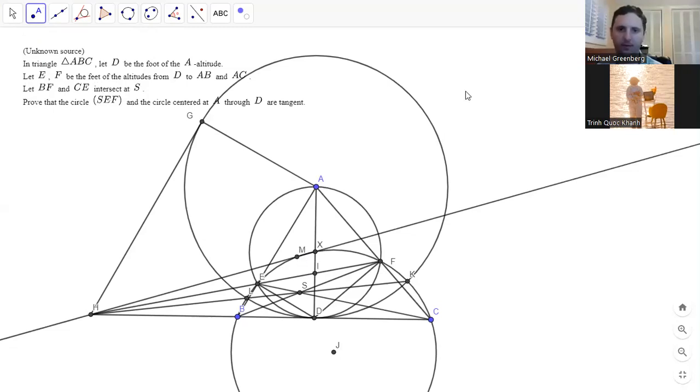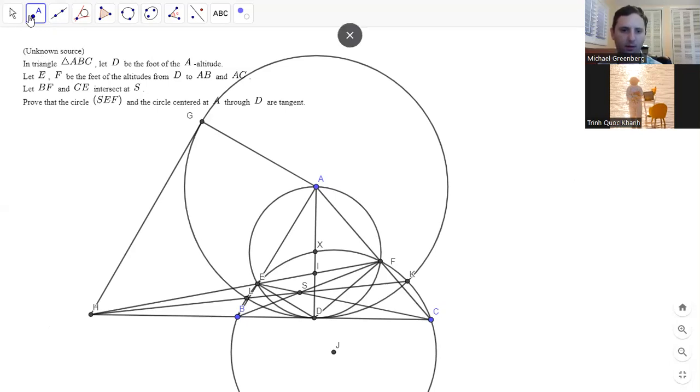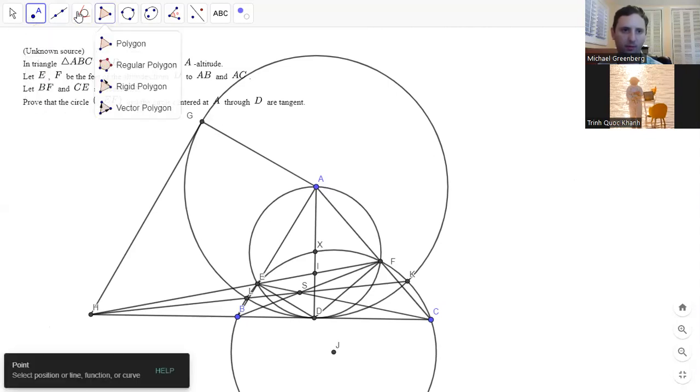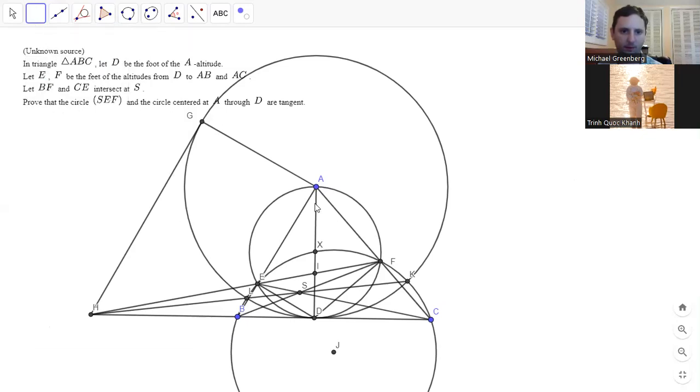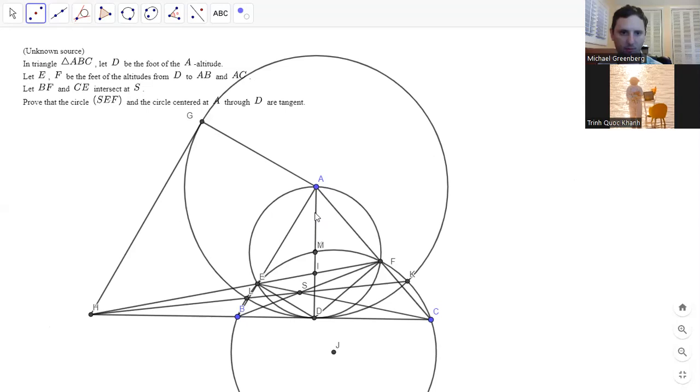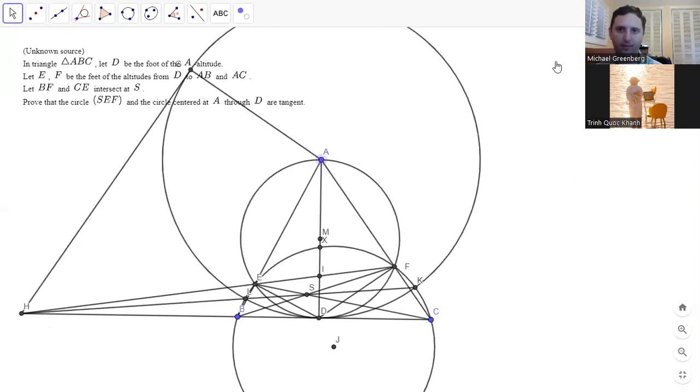Yeah, it's all right. But is X the midpoint of AD? I think it might be. Oh, I think it's slightly different. Yeah, they're not the same. Okay.